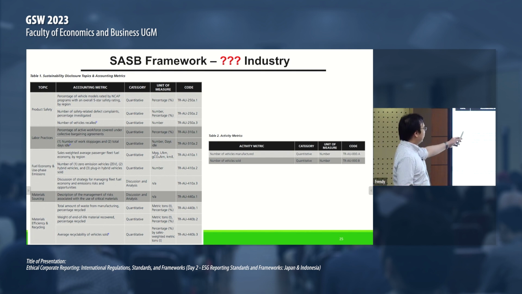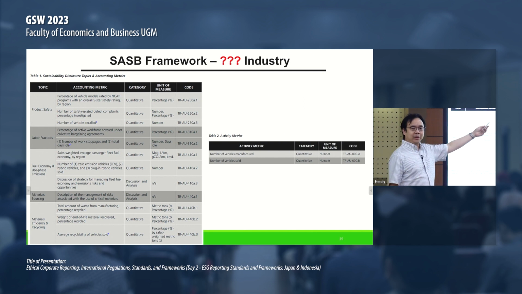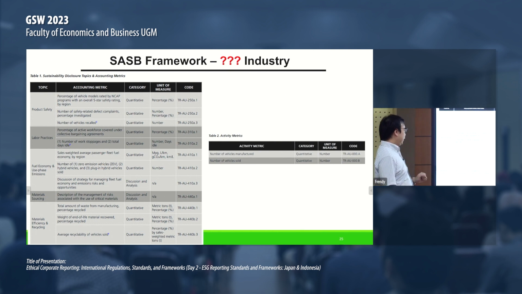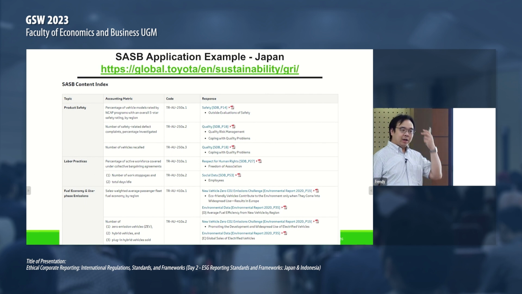Some of the clues here, right here, NCAP. Okay, NCAP is also all about cars. Then we have zero emission vehicles. And based on these clues, we know that this is a standard that regulates the automotive industry.